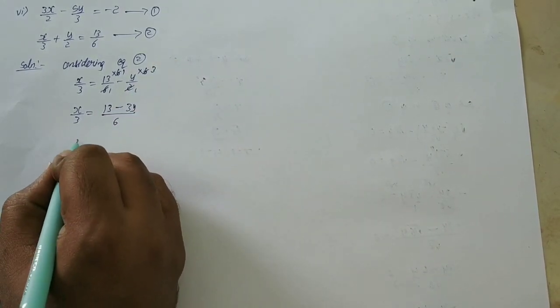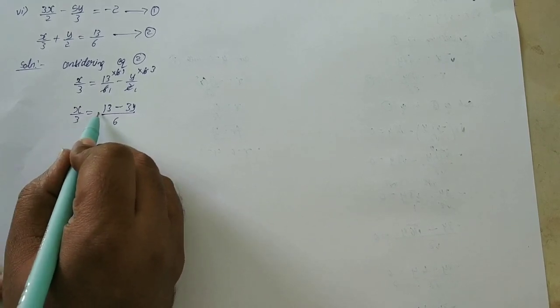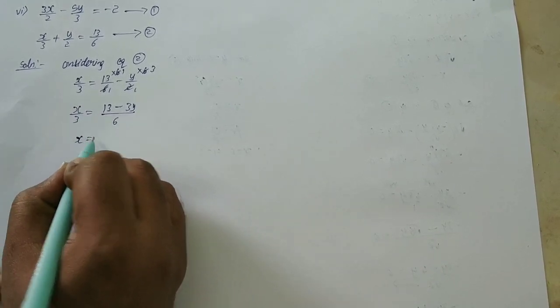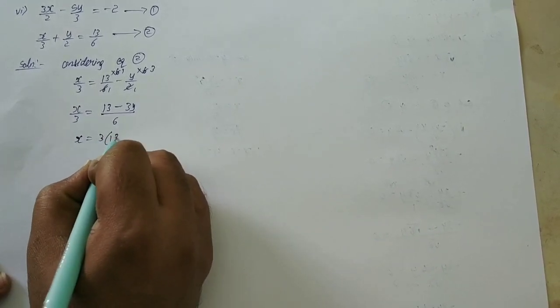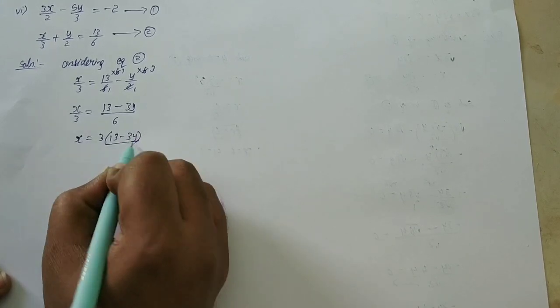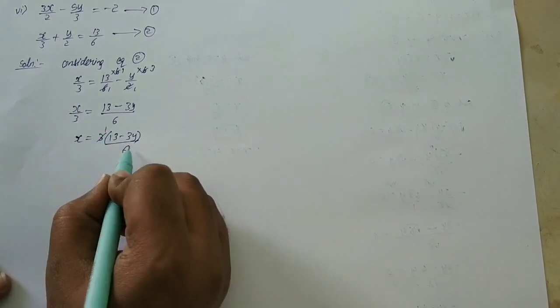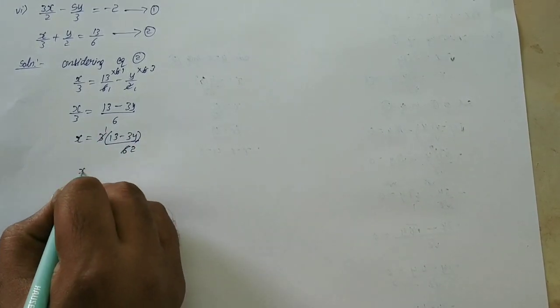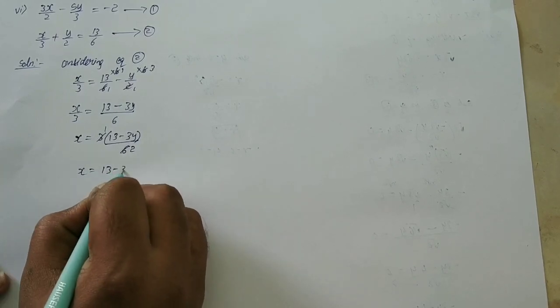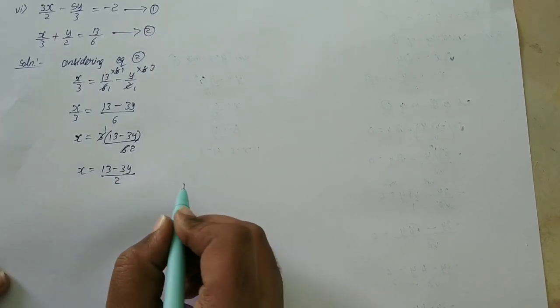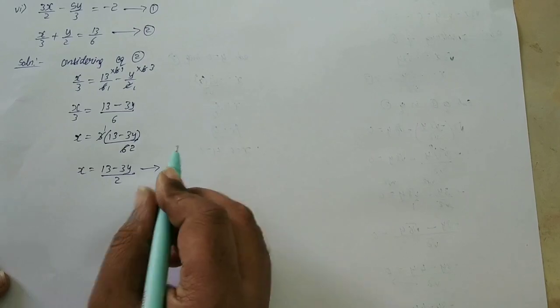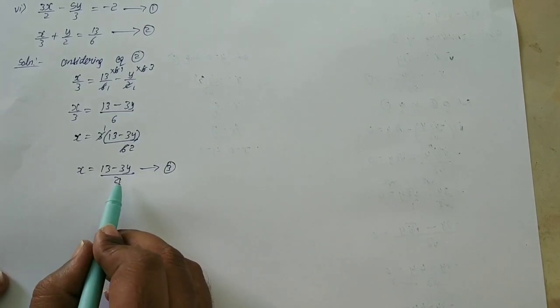So now I will shift 3 to the RHS. So what will it become? x is equal to 3 into 13 minus 3y by 6, right? Now 3 ones are 3, 3 twos are 6. So x is equal to 13 minus 3y divided by 2, right? So this is equation 3. So I will substitute this x value in which equation?